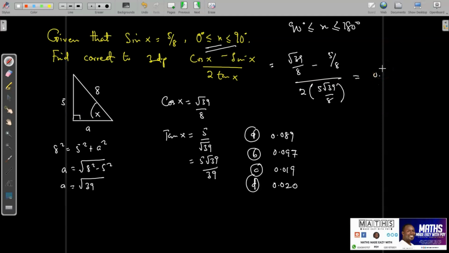Oh, okay. 0.01993. So in other words, when you approximate it, it becomes 0.020. And that is possible answer D. Yes, please. Possible answer D.